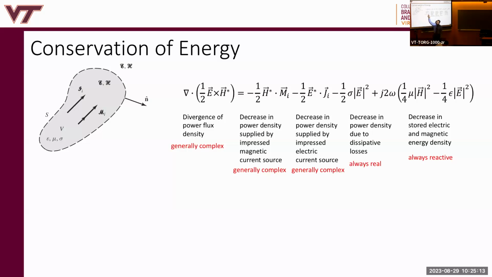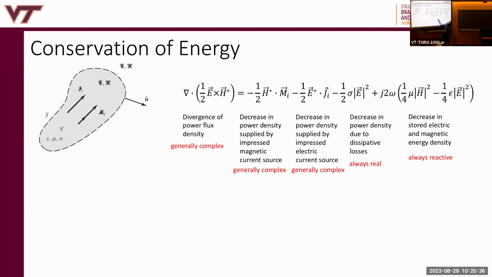If there is a source of power in that volume, then this equation tells me that the power density due to the impressed magnetic current source must be decreasing because power is flowing out. So whatever is the source of that vector field flux that's exiting the volume must be depleting, right? Decreasing.